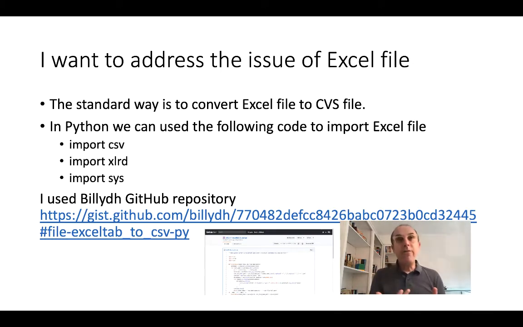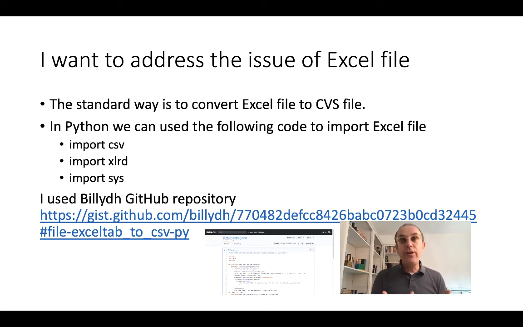One of the things that was really important that our textbook does not address is the issue of Excel files. Converting an Excel file, in comparison to a CSV file, is a little bit more complex. Why? Because Microsoft added a lot of data mining into Excel in order for it to be more accurate, and that can cause problems for Python.